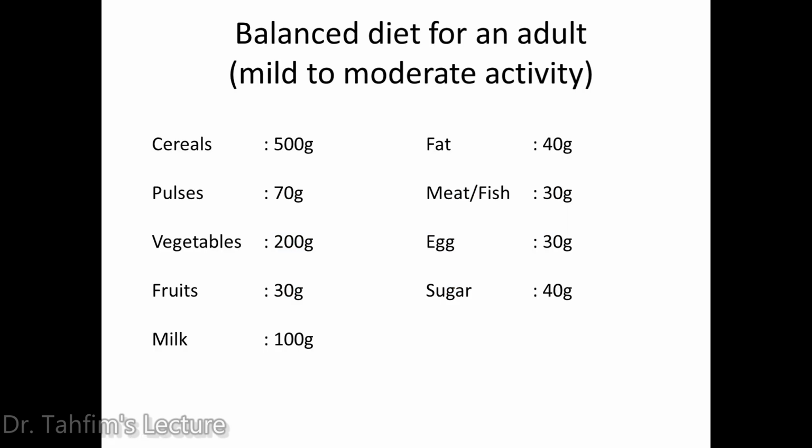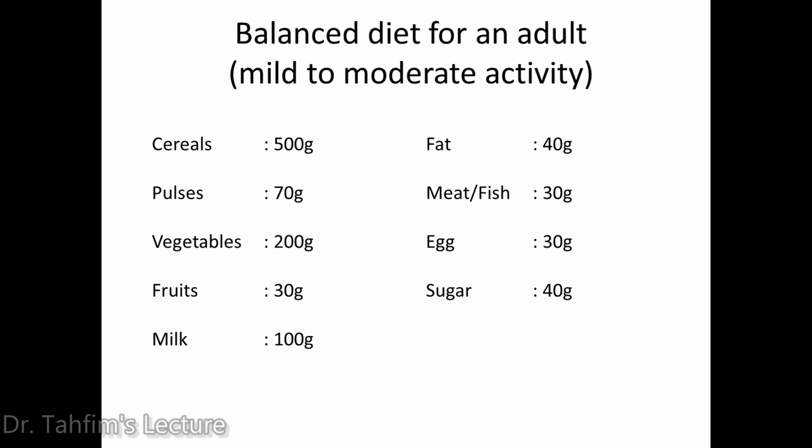Now you have another written question: prepare a balanced diet for an adult. Okay, so you can prepare it on your own, no problem, but you have to keep in mind the criteria for preparing a balanced diet, that means it includes all the proximate principles of food.